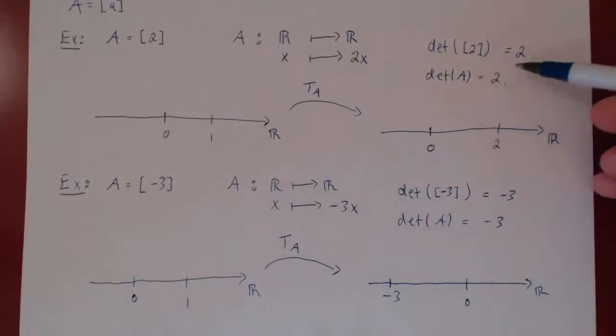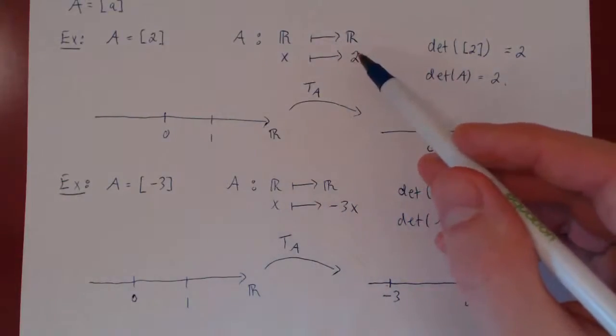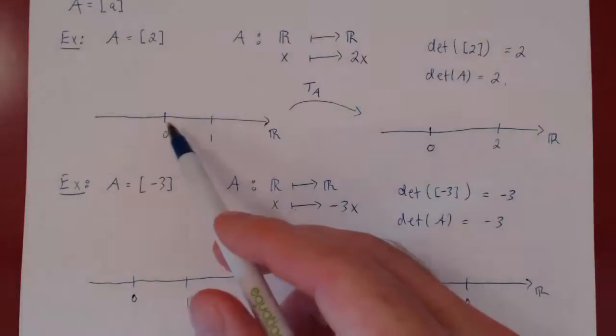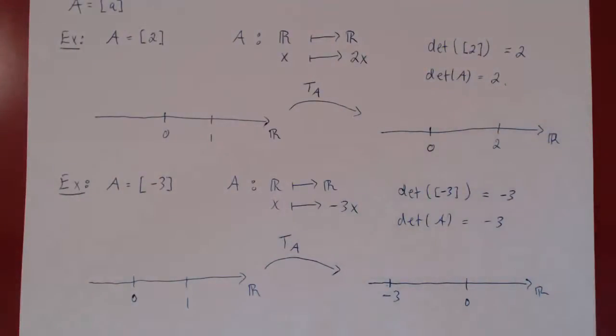In absolute value, it tells you by how much you're stretching or compressing length, right? If the number here would have been 1/2, then you would have gone from 0 to 1 to 0 to 1/2. And the length would have shrunk by a factor of 2. If the number is negative, you have one additional piece of information.